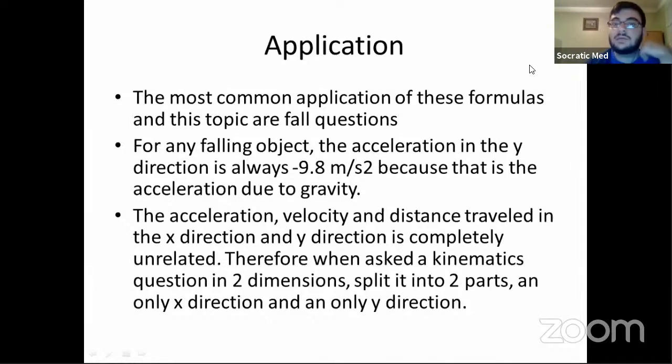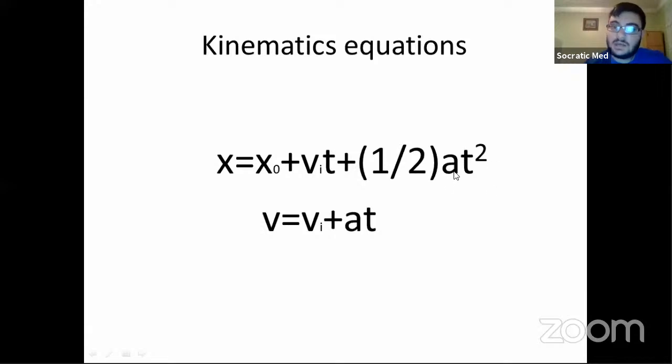For any falling object, we always know the acceleration in the y direction. It's always negative 9.8 meters per second squared, because that's the acceleration due to gravity on Earth. If I go back to the equations, this a, we always know in the y direction. So if we split this formula only in the y direction, going top and bottom, we always know this a, okay?